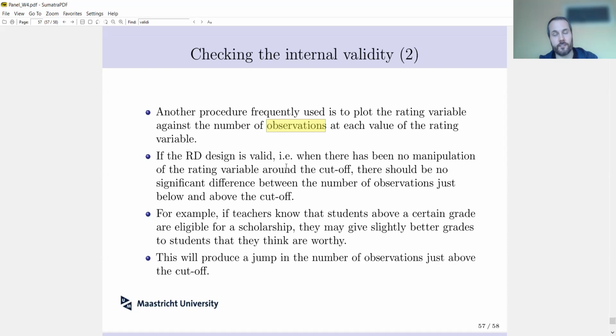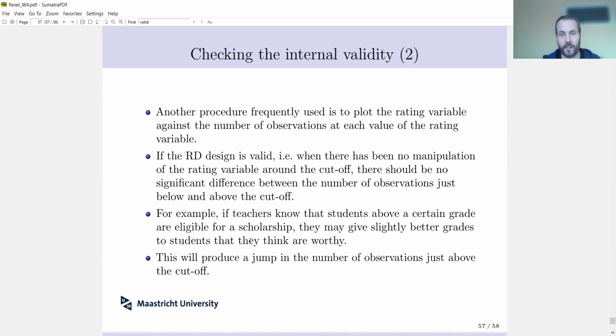For instance, the teacher sets, that's the example here, right? The teacher manipulates the rating value such that the students that the teacher thinks are nice, are worthy, get the scholarship. So that would create a confounding variable. Again, as I said before, the students being nice to the teacher, that's a confounding variable.